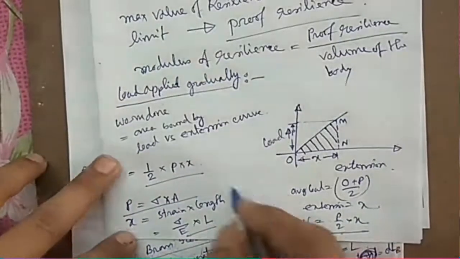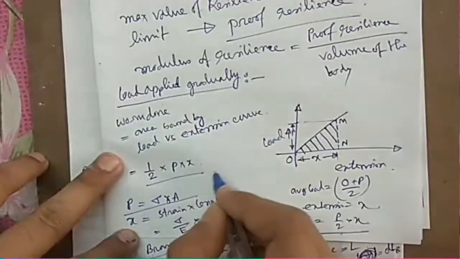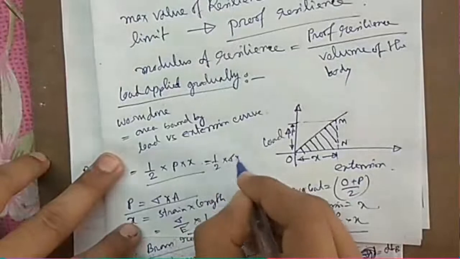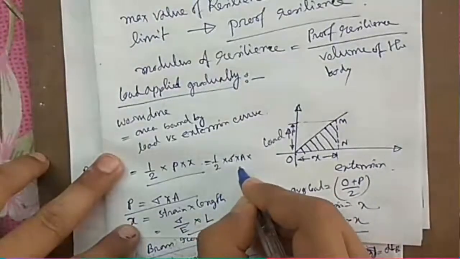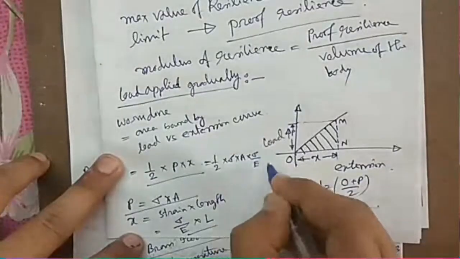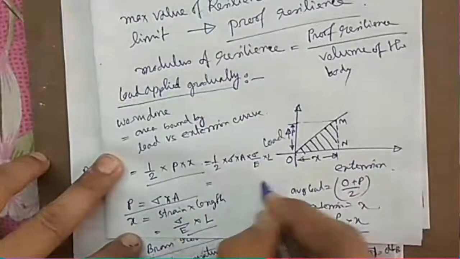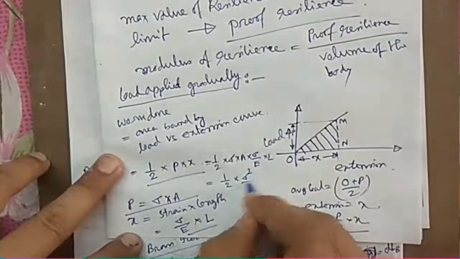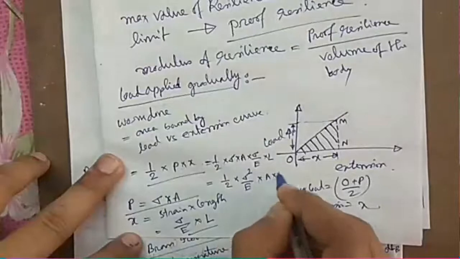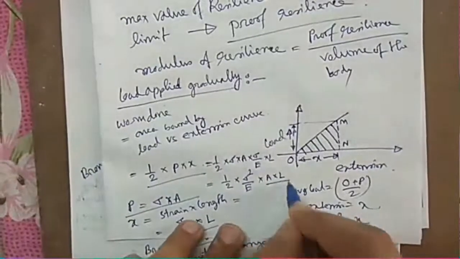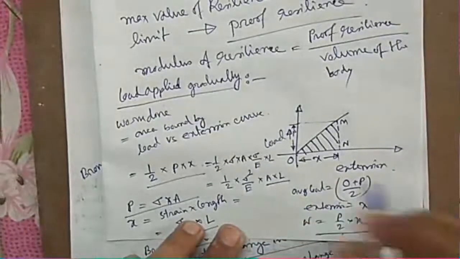Now if we put these values in this equation, we get half into sigma into A. This is the value of stress. Now if we put the value of extension, it is sigma by E into L. So we can write half into sigma square by E into A into L. Looking at the equation, this A into L is the volume of the object.